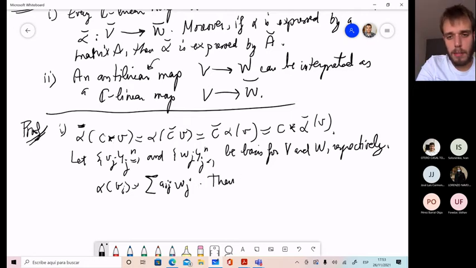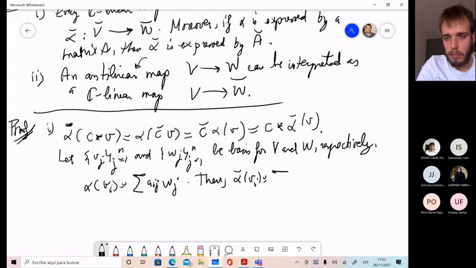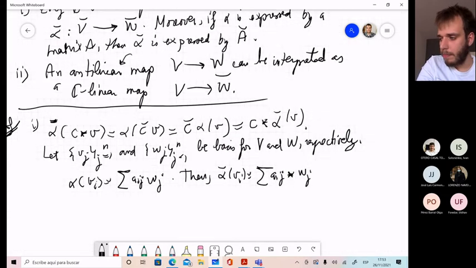Now if I take alpha bar v_i, this is equal to the sum of a_ij, and now I have to use this other multiplication, so by definition this is a_ij bar w_j. Okay.